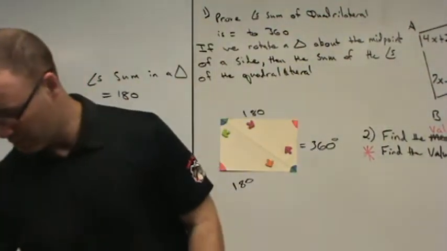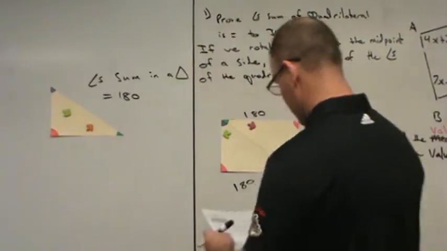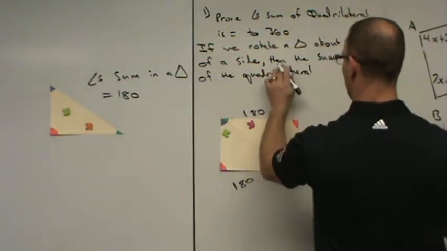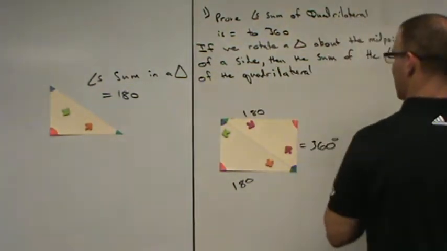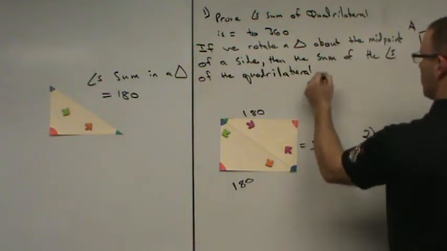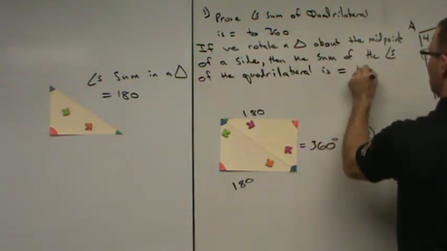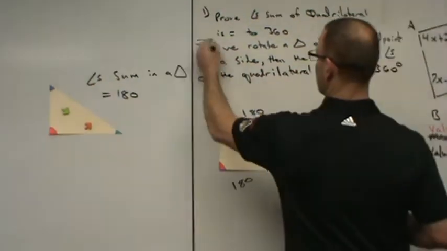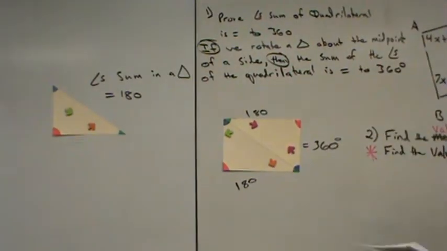I'm having a brain fade because it is in the afternoon. Not quadra, lateral. So this is an if-then statement. If-then. There is kind of your proof.